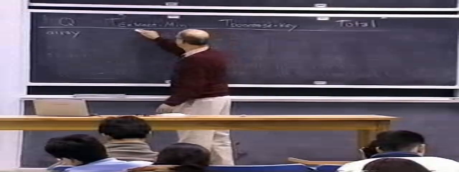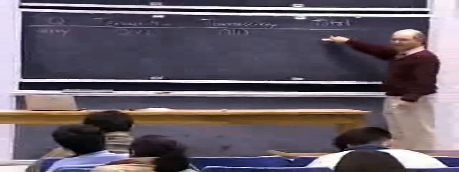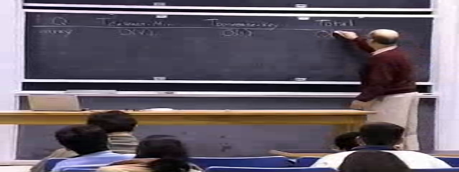So if this is just a simple array, an unsorted array, I can find the minimum element in order V time. And a decrease key I can do in constant time because I don't have to do anything. So the total then is what? Order V squared.